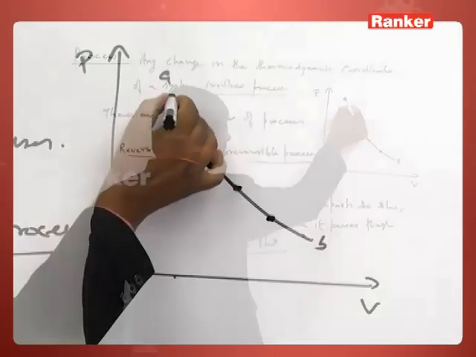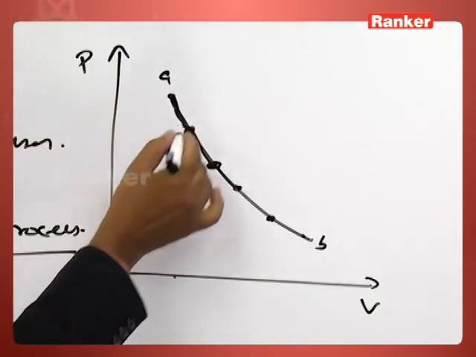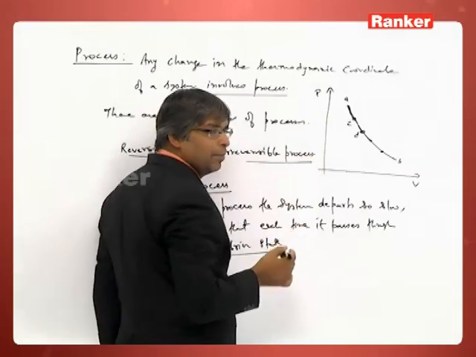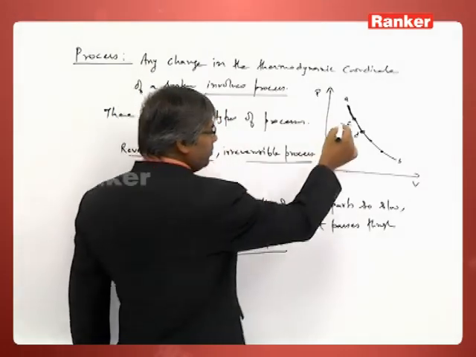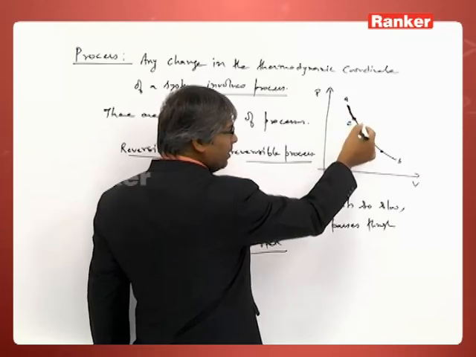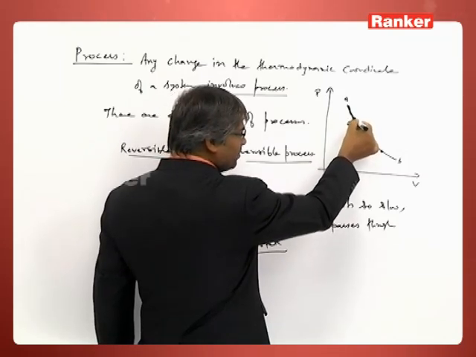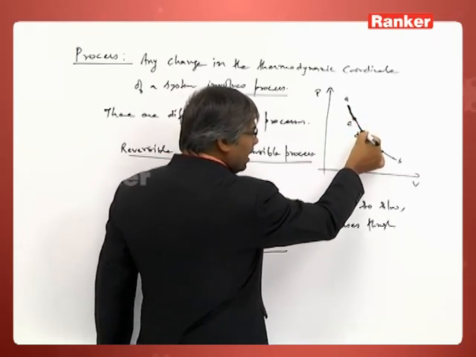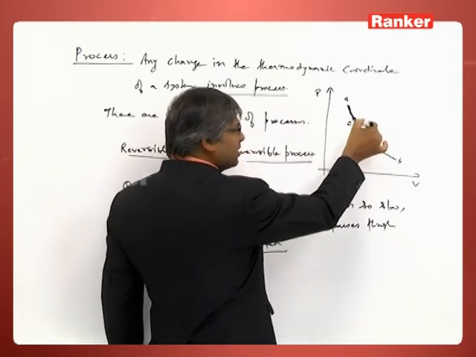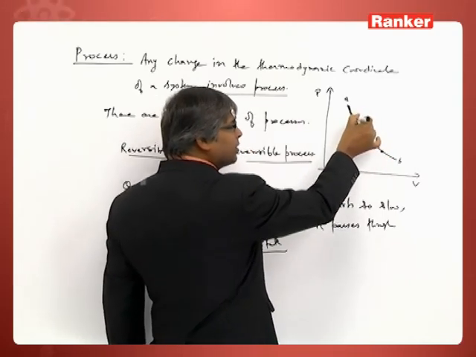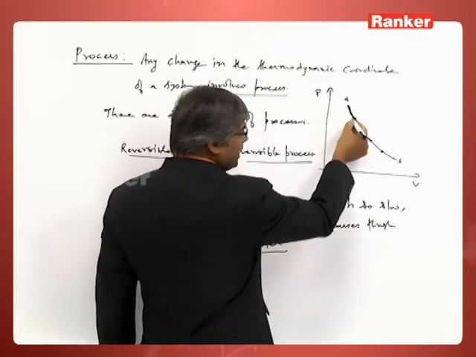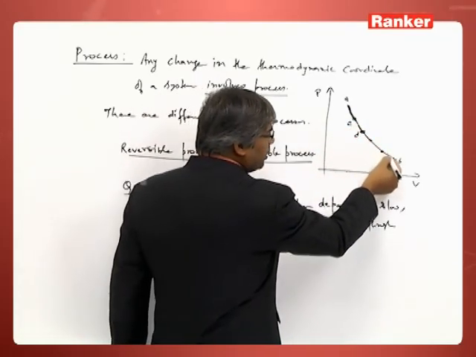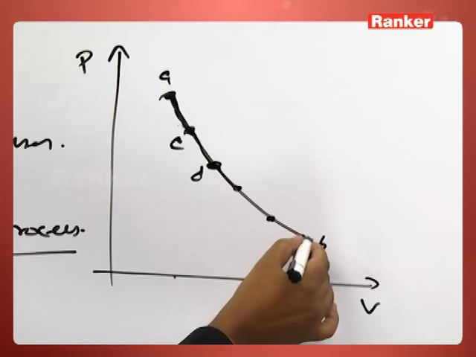Now suppose if I leave the system at C, the system can automatically come back to A because these are reversible equilibrium states. If I again go from C to D, and I release the system, it can come back to C but not to A. That means each time the system is slowly departed from its position A to B.